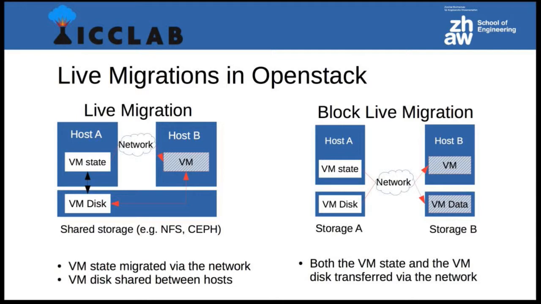While block live migration migrates the disk as well through the network. So you are migrating VM state and VM disk through the network, which can lead to failure. If there is something wrong with the live migration, you can lose some data because data are usually stored on the disk. So it's better to have some dedicated disk attached to the VMs.